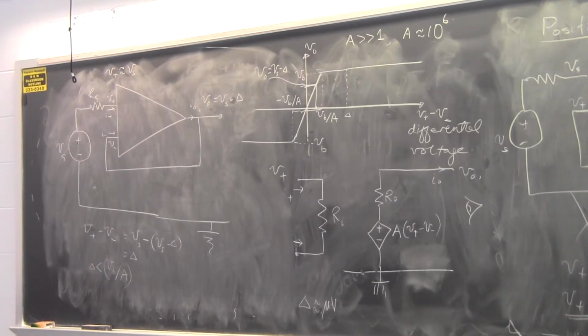Okay, delta can be quite large, and you're in the saturation regime where the linear amplifier doesn't work anymore. You can push yourself into saturation quite easily with this positive feedback system.